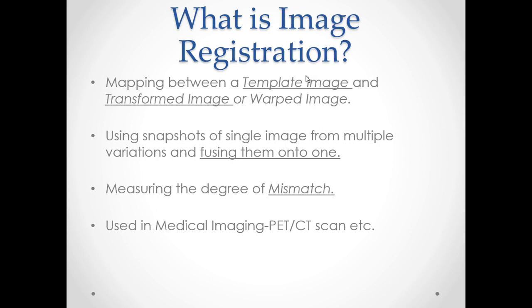That means there is some kind of mismatch. We try to reduce this mismatch as much as possible and fuse them into one image so that the content and the information of the image is rich. Image registration is widely used in medical imaging, for example PET or CT scan.